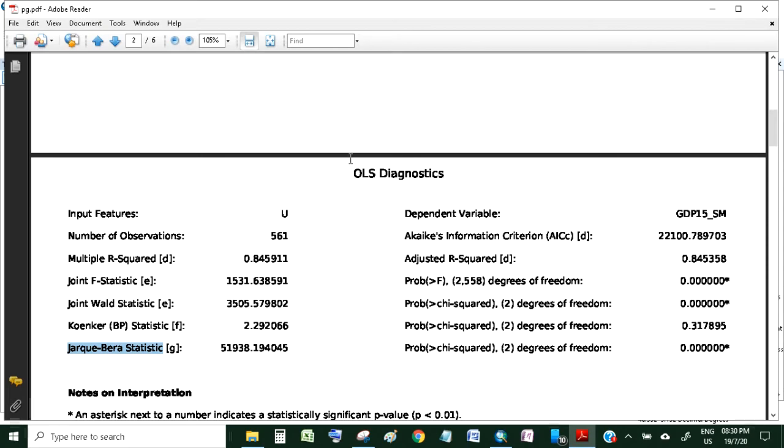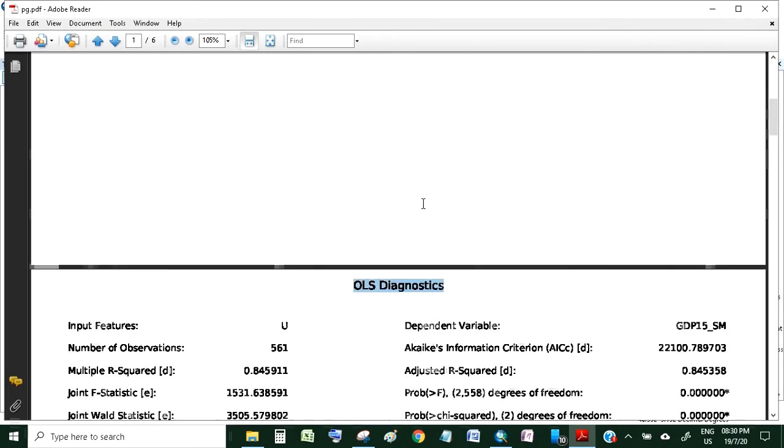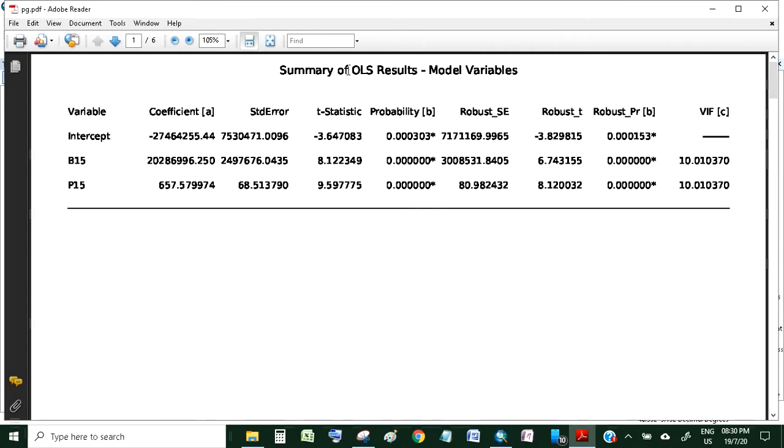Related to the OLS diagnostics and the summary, we will discuss one by one. We'll take the first thing first, then we'll go to second, third, fourth, fifth. In this report, five or six things are very important to know in an order, so I have made that order here. Let's see that order.